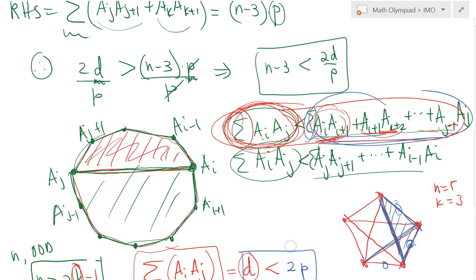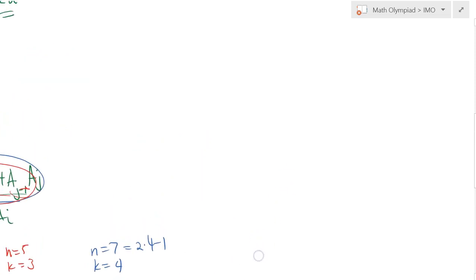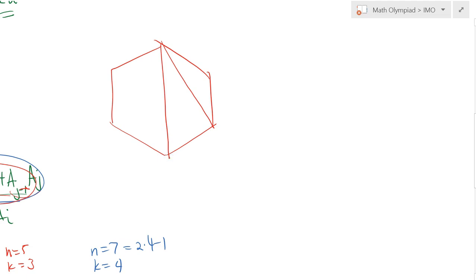Now let's have a look at the right hand sides. So each edge will repeat how many times? Like we did in the previous 2 questions. Consider, let's say, the hexagon, not necessarily regular. It has 2 types of diagonals, right? The one which looks like a diameter, and then the shorter one.